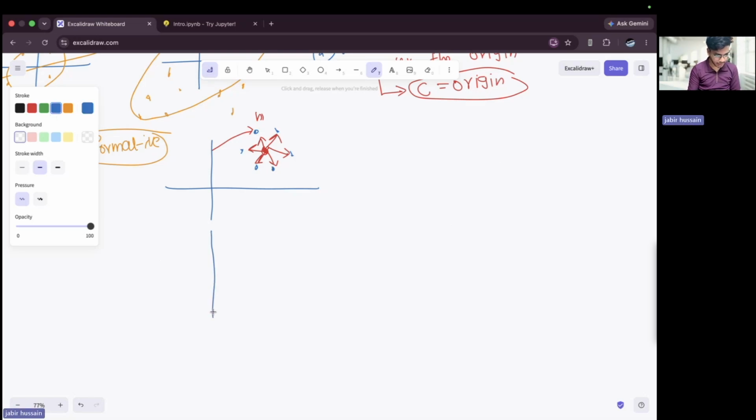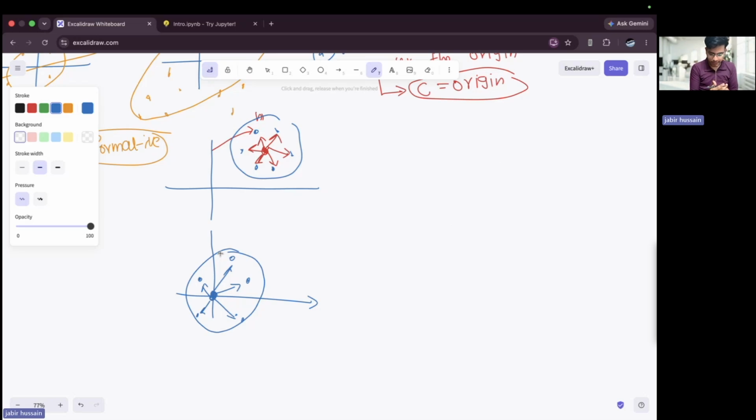You will have your axis and the center will be here, and all points will remain the same, right? The structure will remain the same. The overall spread here is this spread, and after recentering as well, this is the spread. The spread is the same, right?